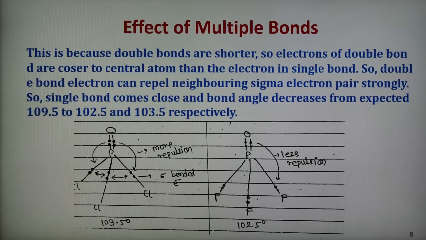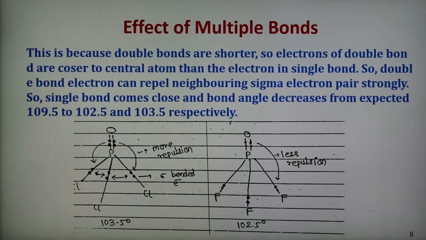The reason we have seen for this decrease: a double bond electron repels the neighboring sigma electron pair strongly, so single bonds come close and the bond angle decreases from the expected tetrahedral angle to 102.5 and 103.5 degrees as shown in the figure.